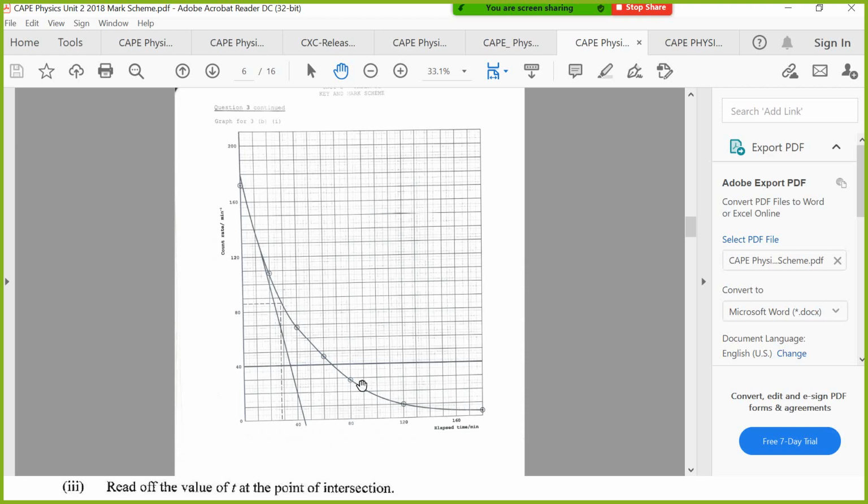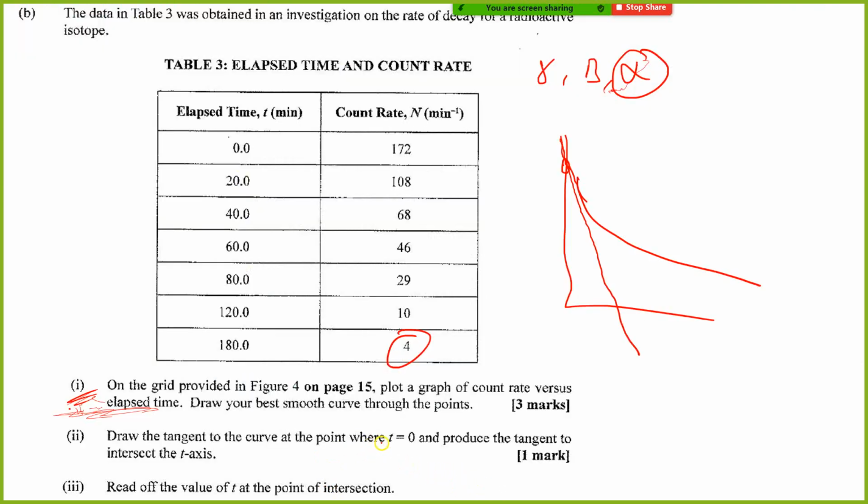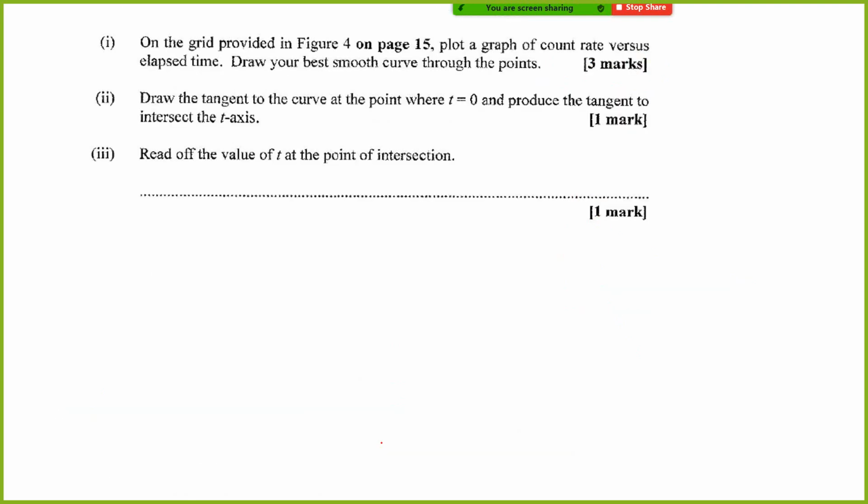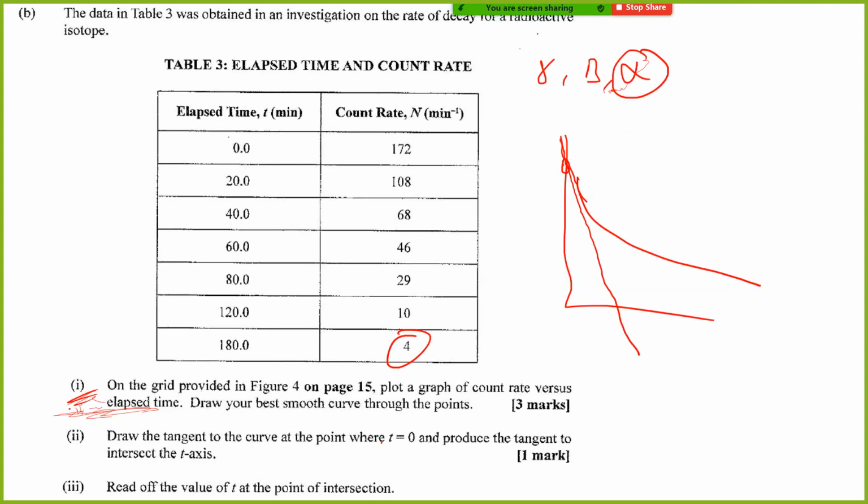So technically that's what you're supposed to have. So this is where 0 is. This is where the graph starts. So that is just a tangent from that point coming all the way down here. So, a straight line. Then you would read off the value from the graph where it intersects. So once you find that value, you would just document it.